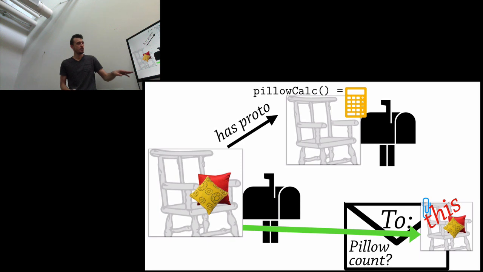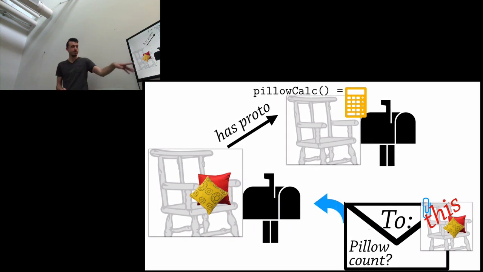So when we mail this message, this object does not know how to calculate how many pillows it has. So it's going to ask its prototype. It sends it to the prototype's mailbox. And what the prototype does is very interesting.